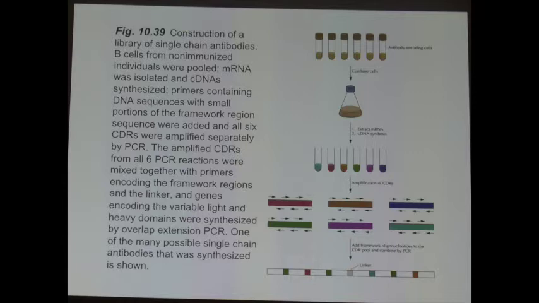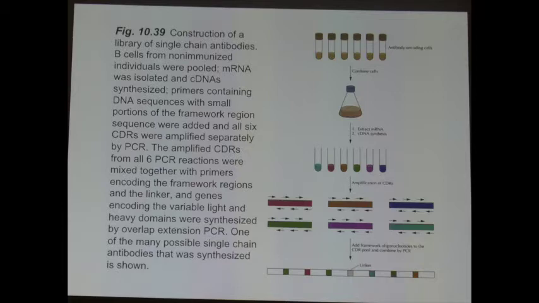If we amplify the CDR regions, instead of replacing them one at a time as we did before when we humanized an antibody, what we're going to do, as shown here with the colors, is take the 6 different CDR regions and put them together in random ways.